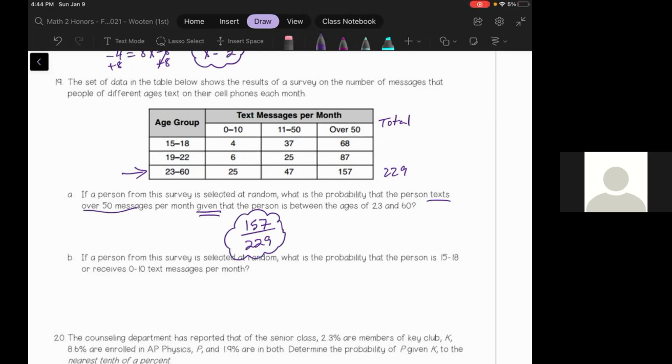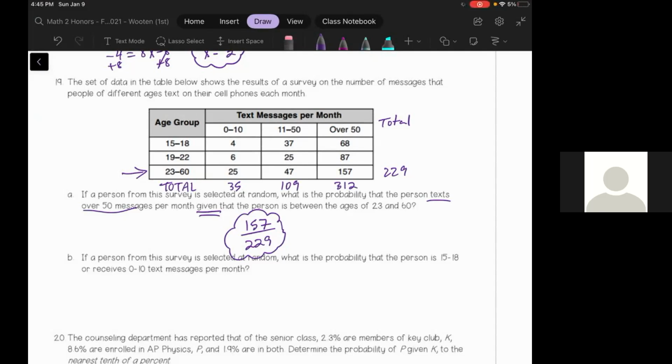157 out of 229. Now, if we went and added all these numbers up and filled out all the totals, let's see, that would be 35. Add up the columns here: 37, 25, and 47 makes 84, 109. And then that last column is going to be 244, 312, I believe.